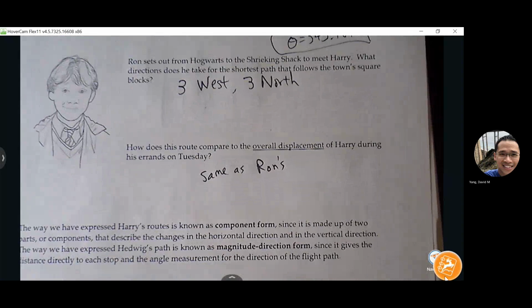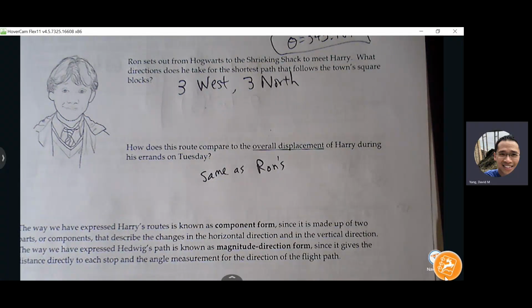Right. The way that we have expressed Harry's routes is known as component form since it is made up of two parts or components that describe the change in the horizontal direction and vertical direction. The way that we have expressed Sedgwick's path is known as magnitude direction form since it gives the distance directly, your hypotenuse, and then the angle measurement.